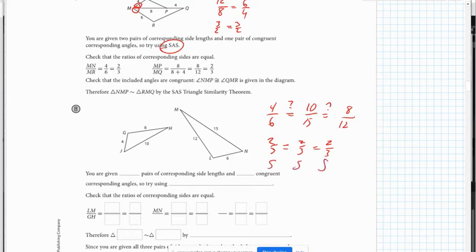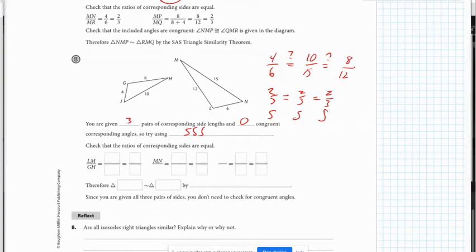So that gives us SSS. And so you're given 3 pairs of corresponding side lengths and 0 congruent angles, so you try using SSS. And so we can say triangle GHJ is similar to LMN by SSS.